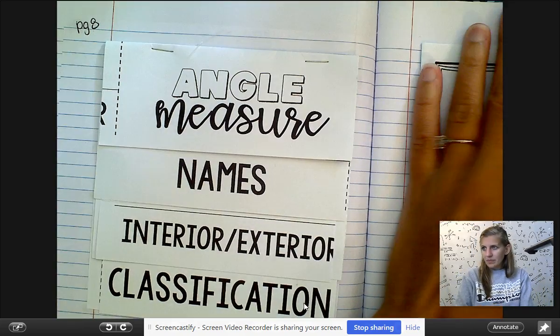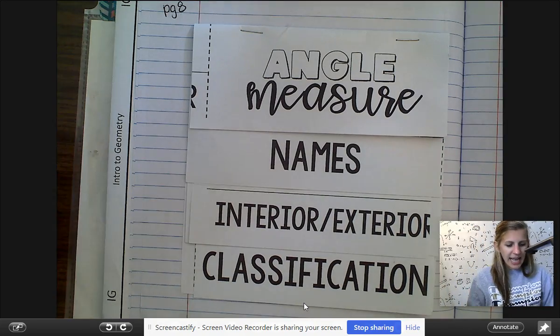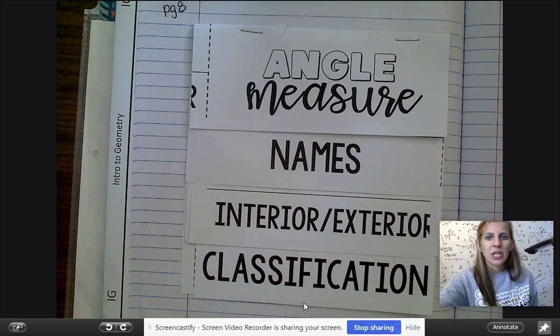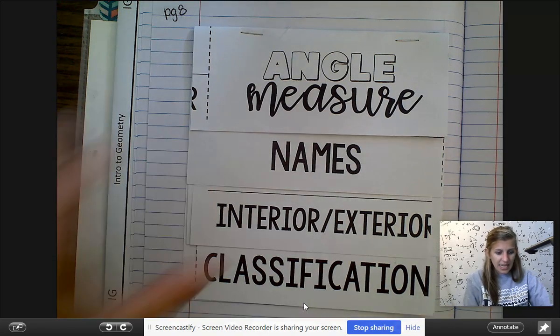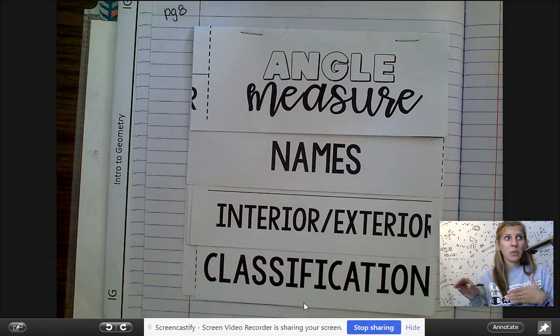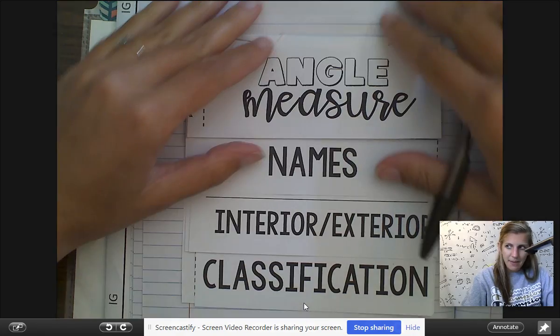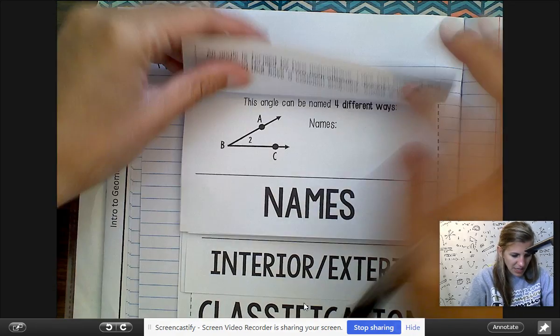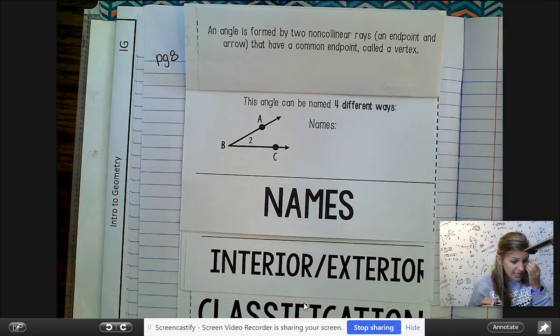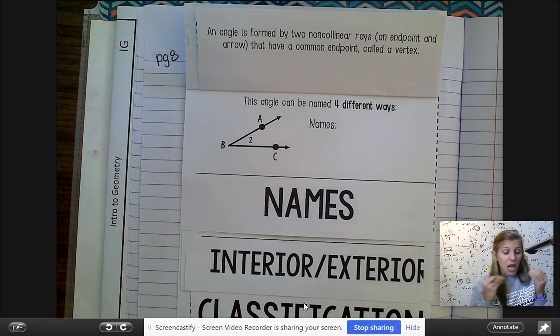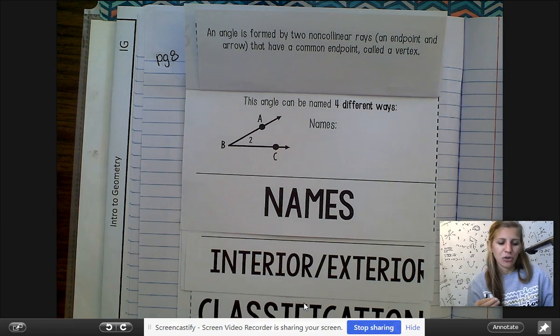Alrighty. So taking a look at angle measure first. Hopefully this stuff seems super easy to you, like measuring line segments did, maybe before we got to the segment addition postulate. But if I flip this up, an angle is an object formed by 2 non-collinear rays.